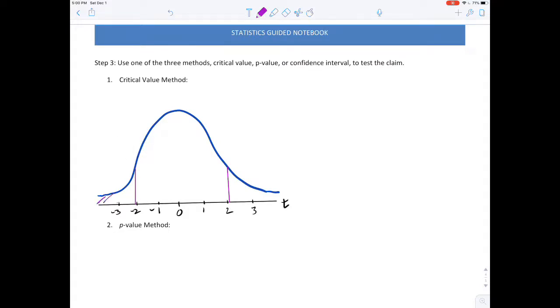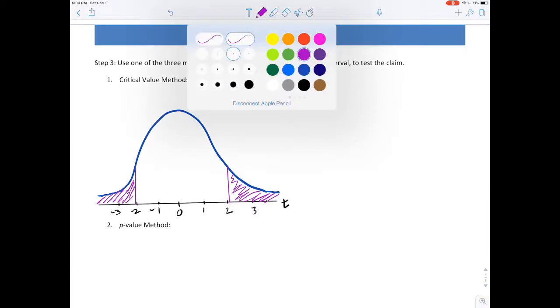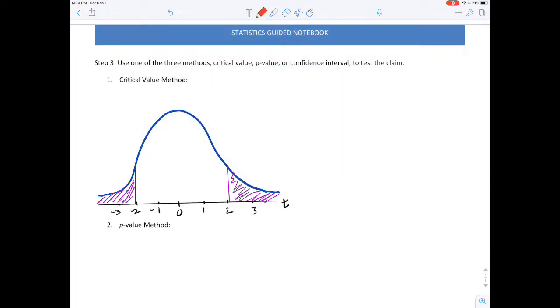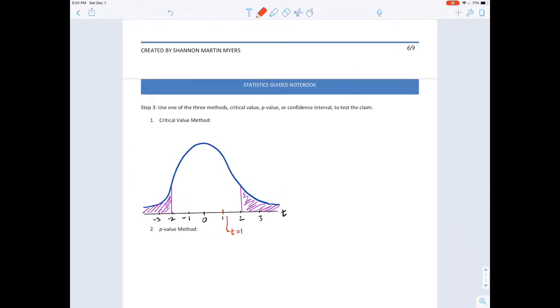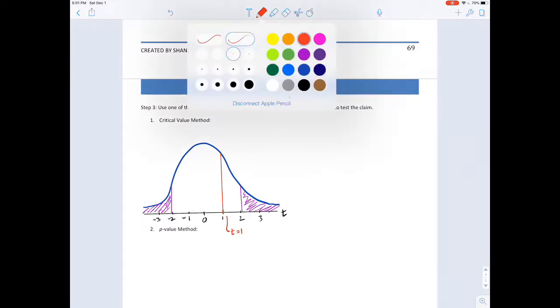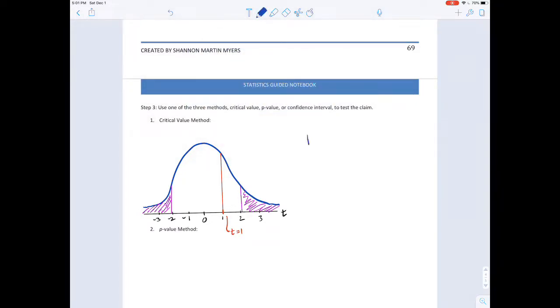And so in the purple region here, we would have our rejection region. So now when we put where our test statistic is, it lies right here, remember, at t = 1. And so here, t = 1 does not fall into this rejection region at all. So based on that, we would fail to reject the null.